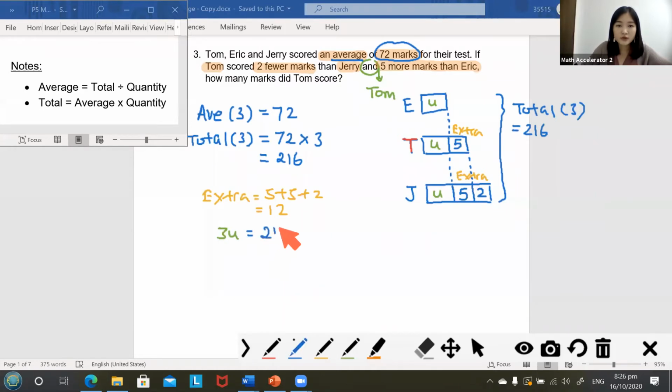So take your total minus the extra 12 here. Okay, and then you go and find 1 unit, right? Divide by 3. Once you have 1 unit, find Tom.